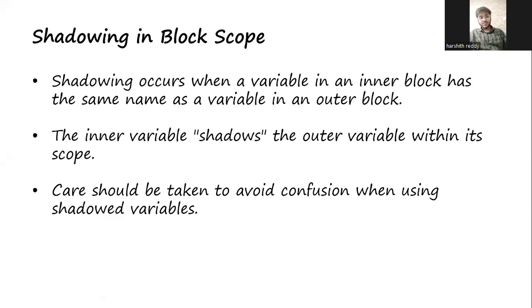Shadowing occurs when a variable in an inner block has the same name as a variable in an outer block. The inner variable shadows the outer variable within its scope. Care should be taken to avoid confusion when using shadowed variables.